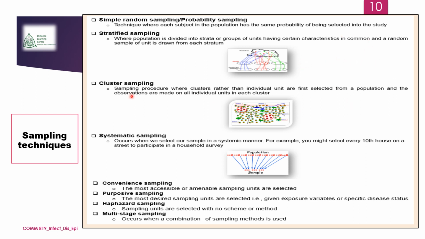Okay, then another sampling technique is cluster sampling. Here, it is a sampling procedure where clusters rather than individual units are first selected from a population, and the observations are made on all individual units in each cluster. Okay, this is straightforward.